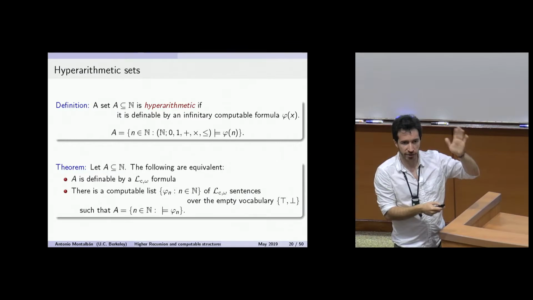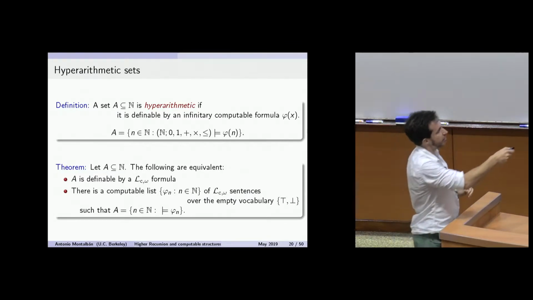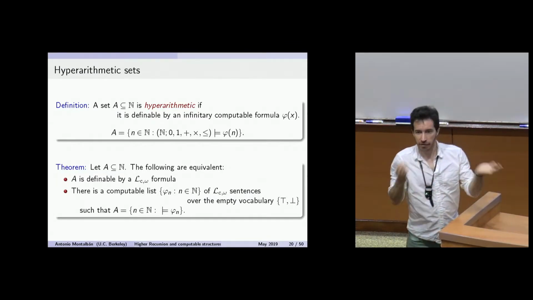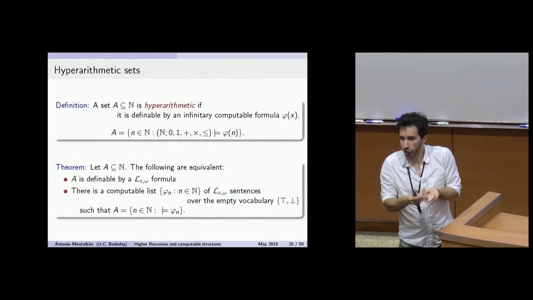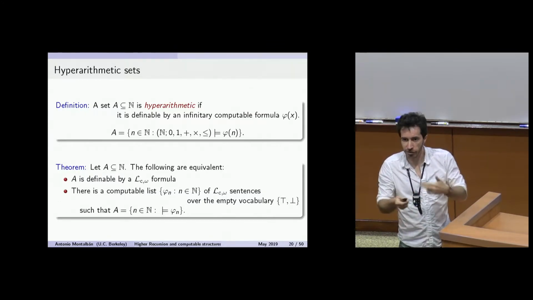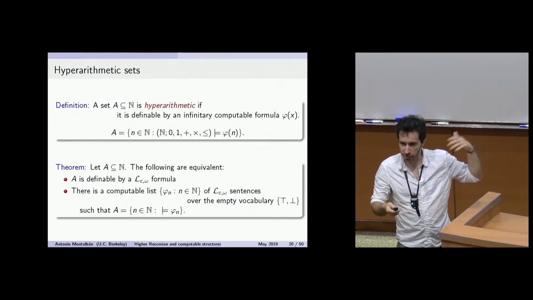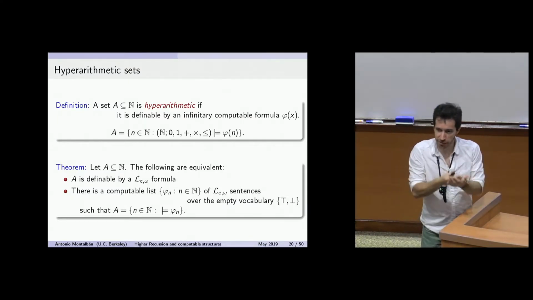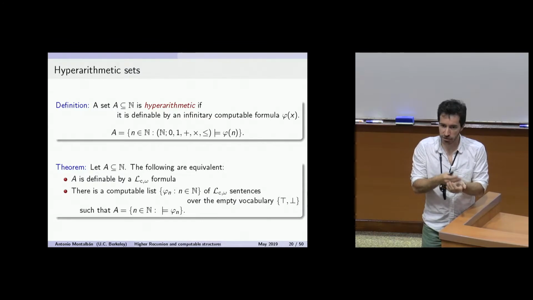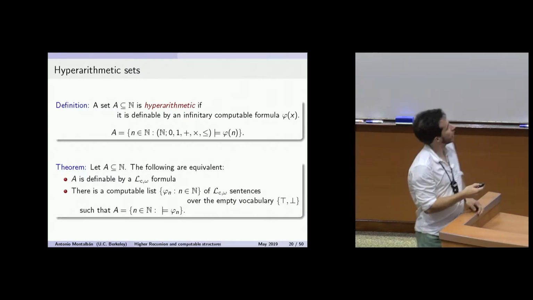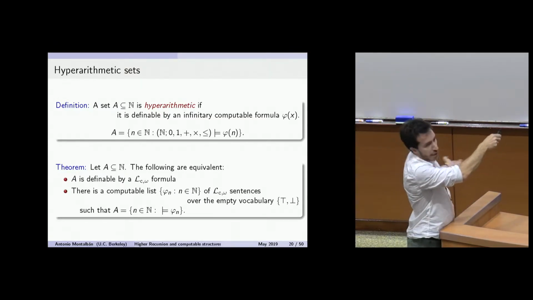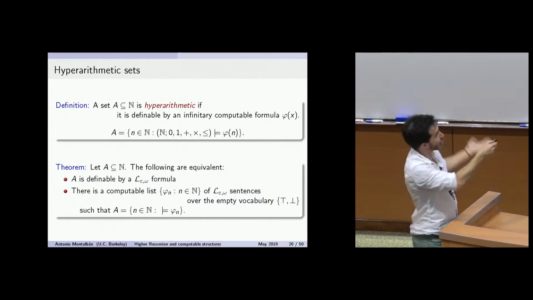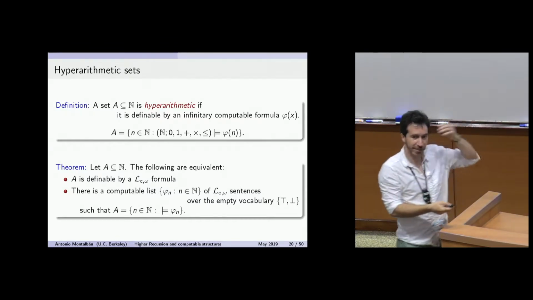These formulas only have top and bottom, infinitary disjunctions, and infinitary conjunctions. They don't even have for alls and there exists, because they have no variables; you're not using any sums or multiplications. They define this set. And I'm not even saying in which structure these formulas are true, because I'm not using anything. They are formulas over the empty vocabulary.